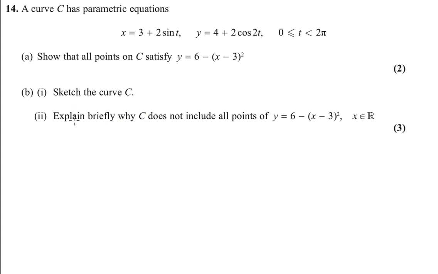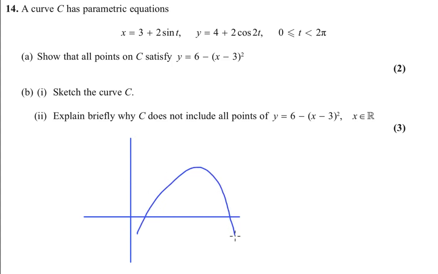B part 1 then wants us to sketch this curve. So this is a transformed quadratic. It's a negative quadratic that's been shifted right 3 and up 6. So if we start off by drawing a sketch of that, we're going to get something like this, where that point is going to be the vertex, that's going to be 3, 6.